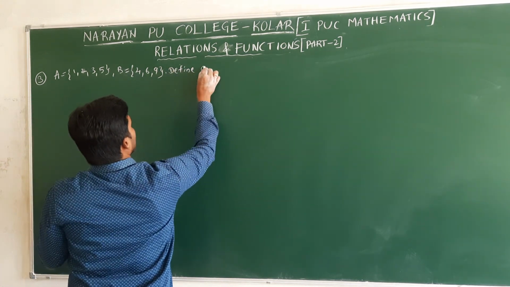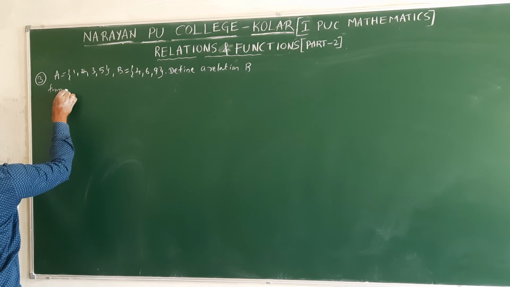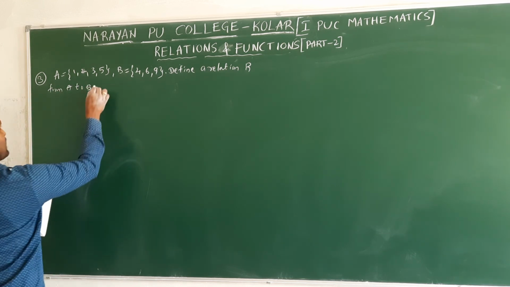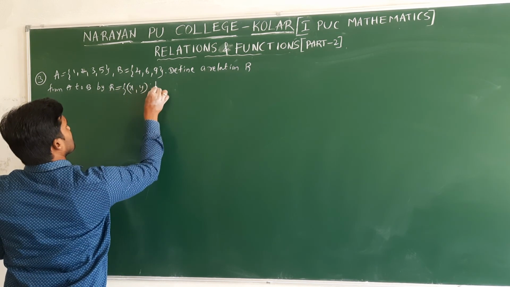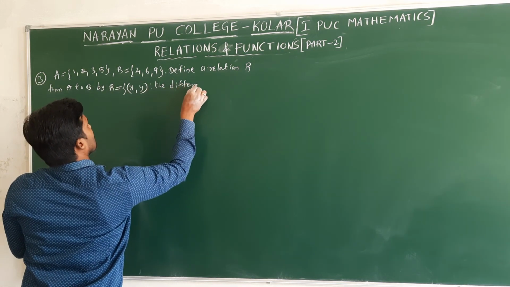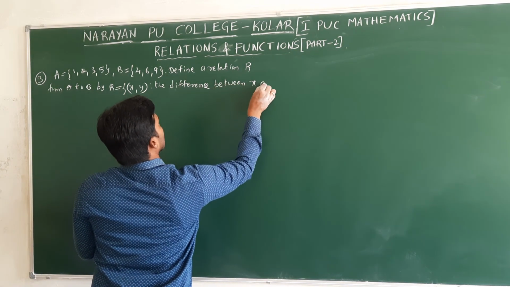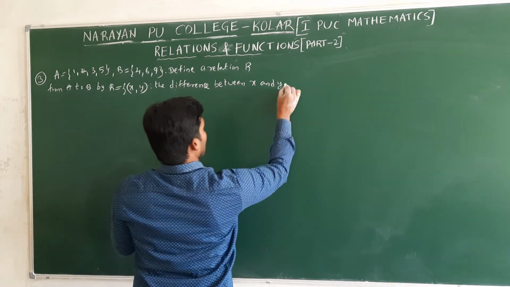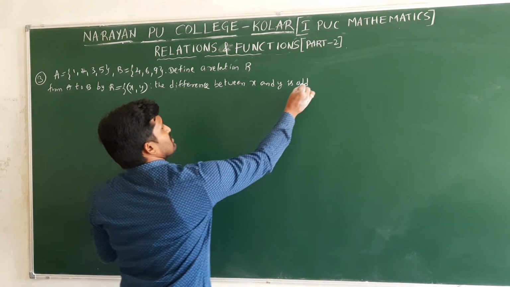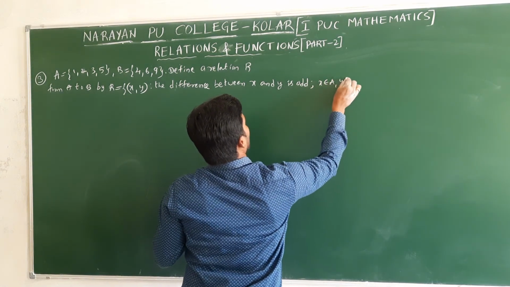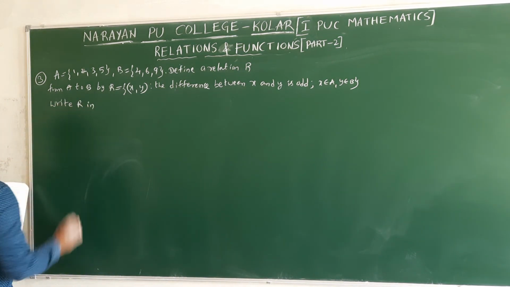Define a relation R from A to B by R equal to the set of (x, y) such that the difference between x and y is odd, where x belongs to A, y belongs to B. Write R in roster form.